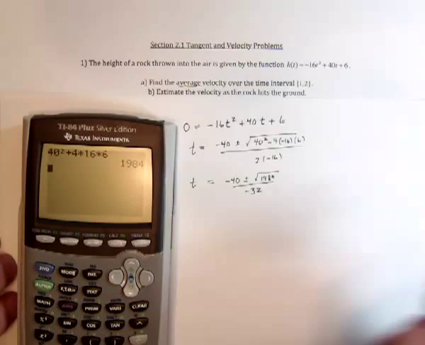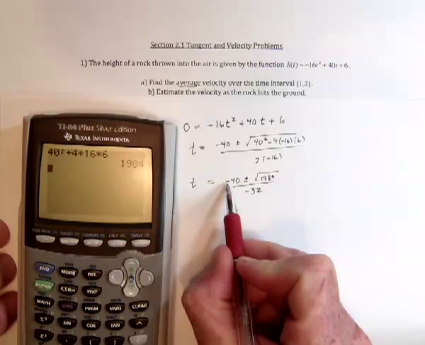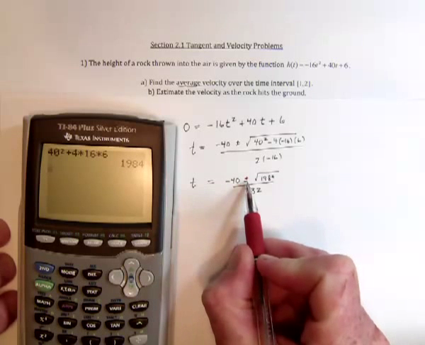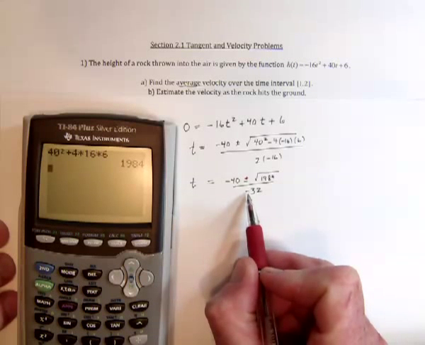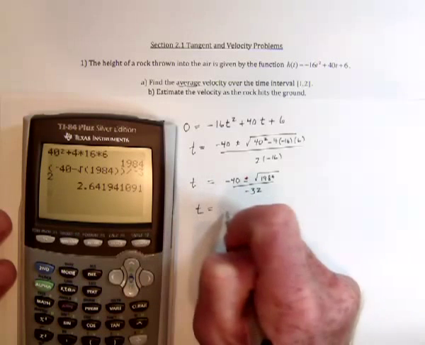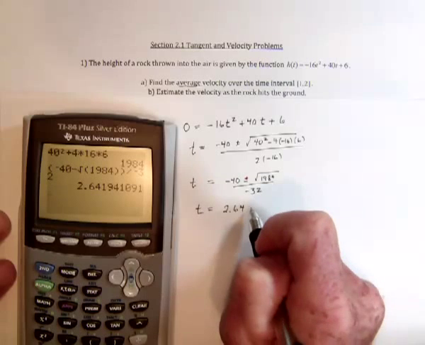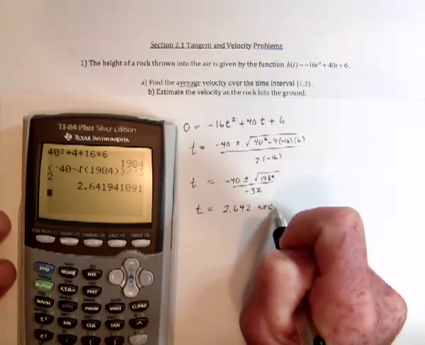So actually, if we get rid of this plus sign, then the numerator would be negative, and when you divide by a negative 32, it's going to be positive. So we've got negative 40, and then subtract the square root of 1984 divided by a negative 32 is a positive 2.642, and I'll use 3 decimal places, seconds.